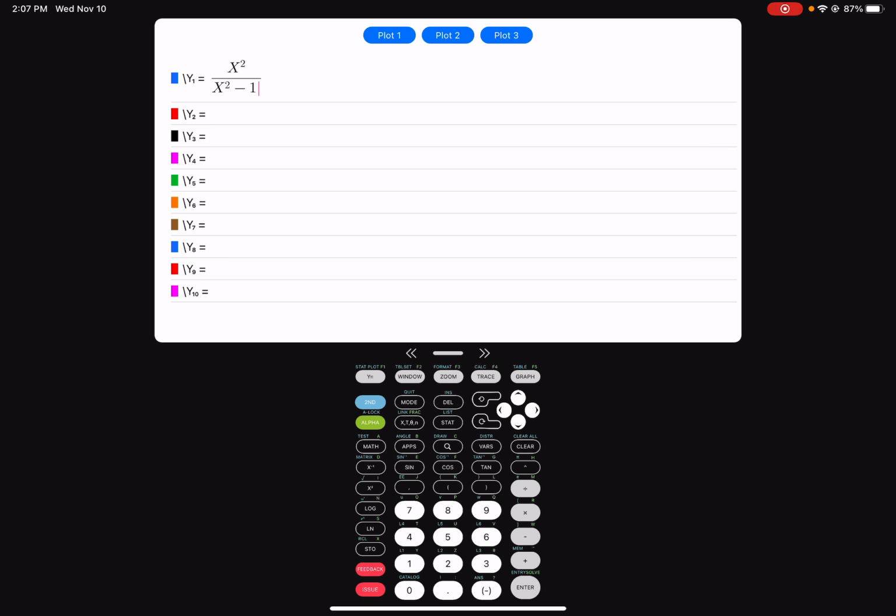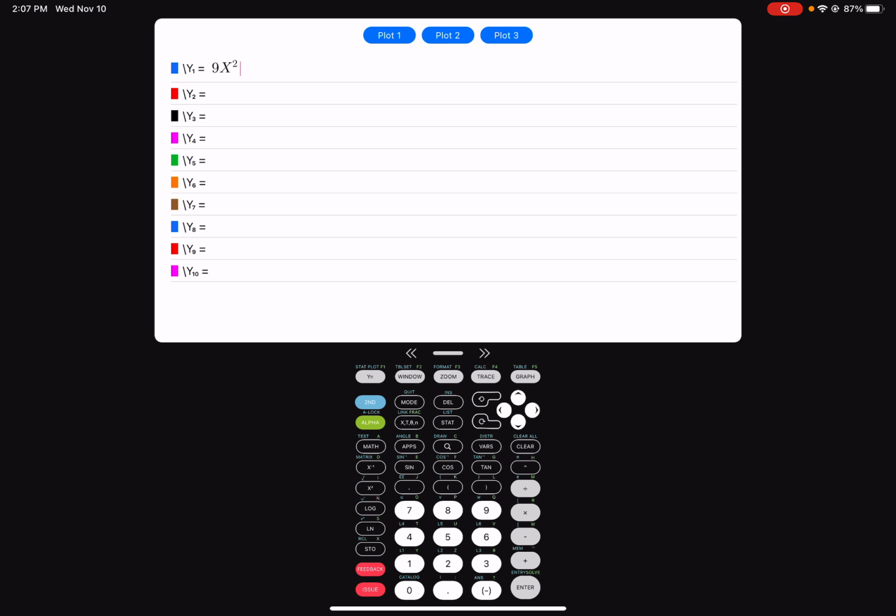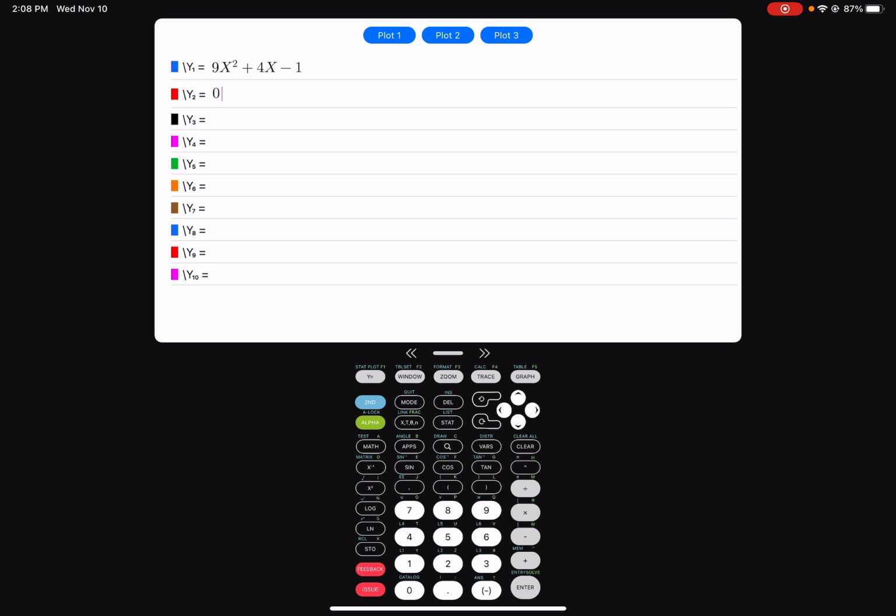But let's go to y equals and let's just graph this one. My slope was 9x squared, I hope. And then it was plus 4x and then minus 1, I think. And then I want to know where that is going to equal 0.